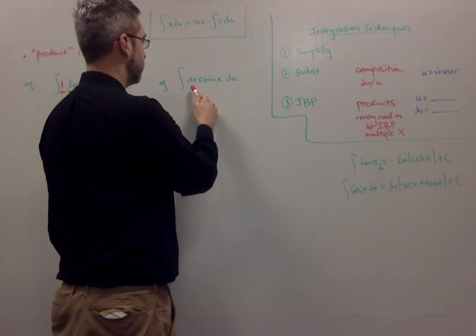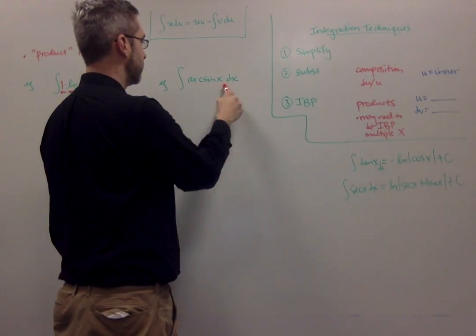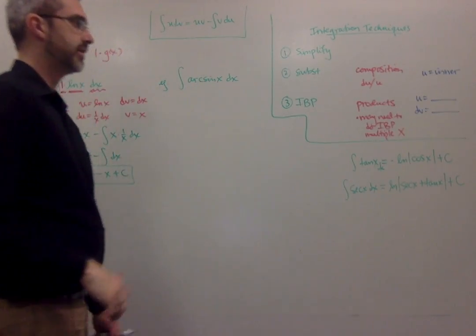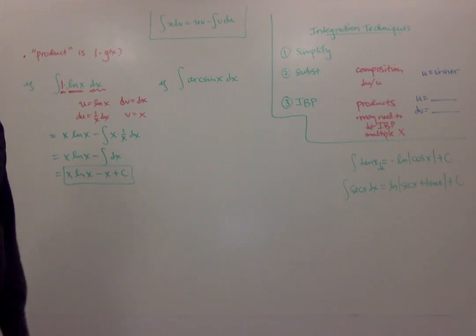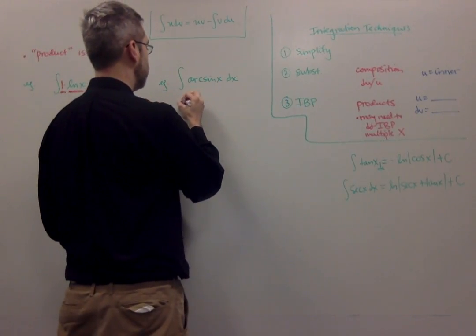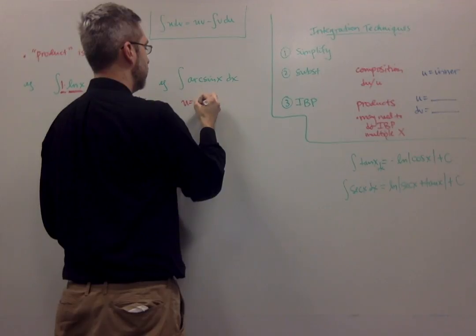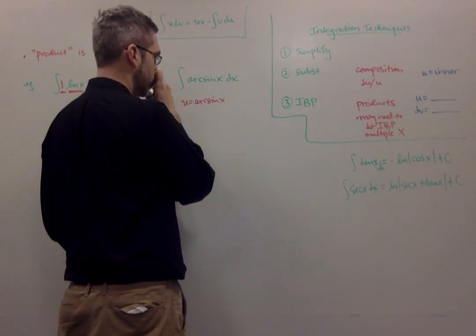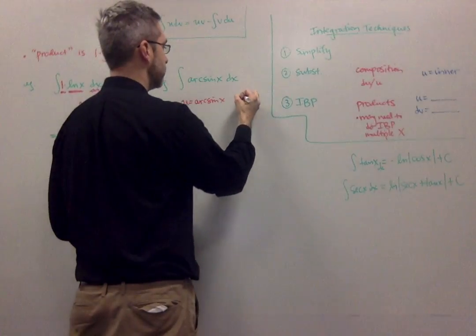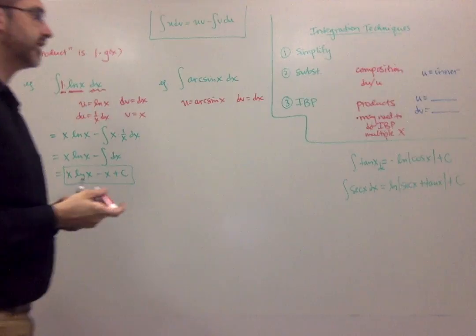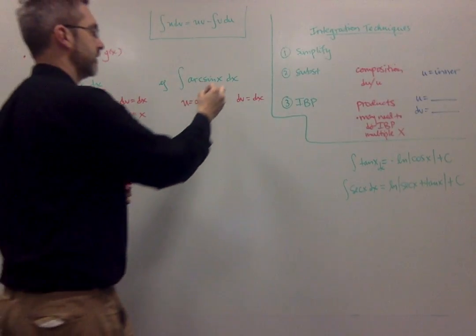Like if I saw this over the square root of 1 minus x squared, then I might do a substitution, but none of that's in there. So I'm stuck having to do integration by parts, and so I'm going to let u equal that thing, because I would much rather work with its derivative than with the original function itself. And so dv has to be this dx.